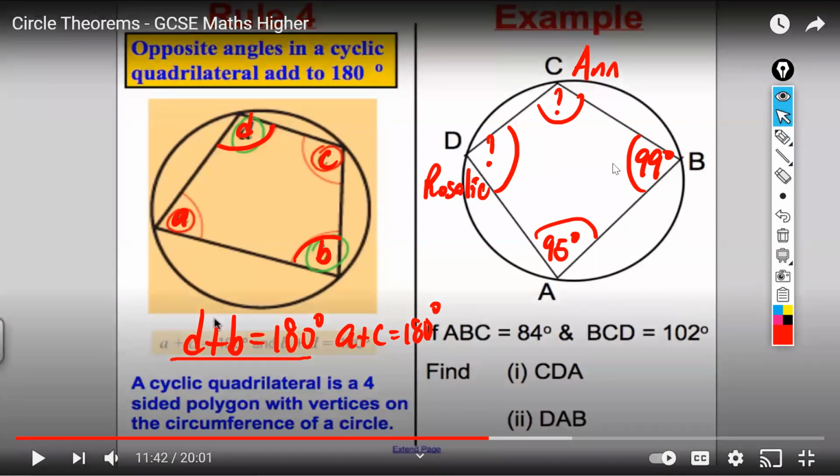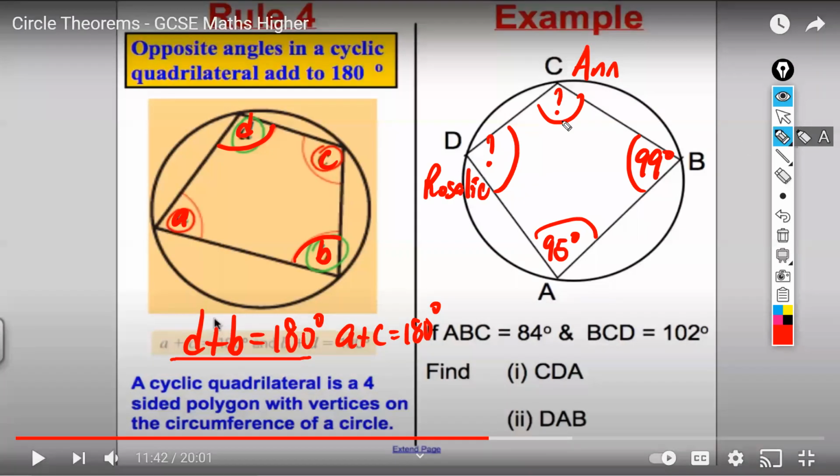Well done. So here would be 85. 85 plus 95 will give you 180. And Rosalie, you with me? Yes, sir. 81. All right. Well done. So here would be 81.